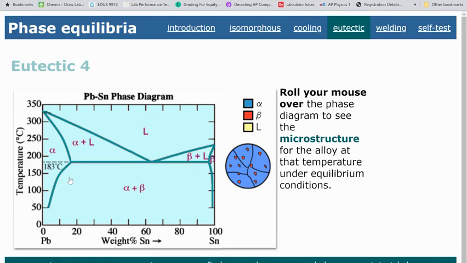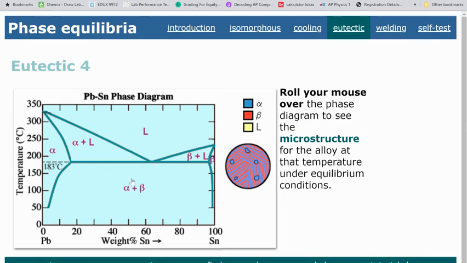As I move across and the percent composition increases, you can see that my alpha crystals are getting smaller, and I'm getting more of the eutectic composition. Alpha crystals even smaller, more of the eutectic composition.